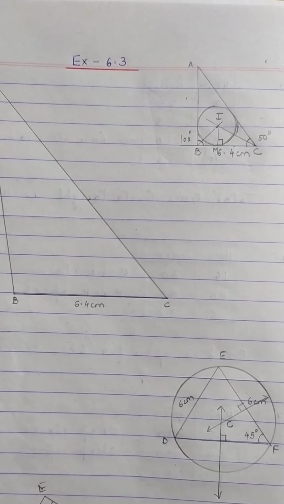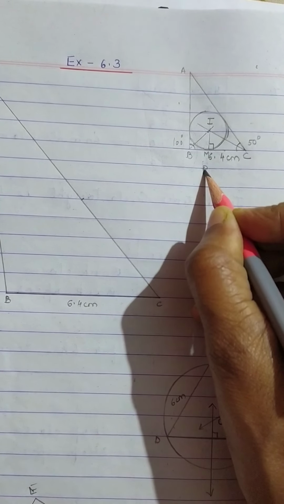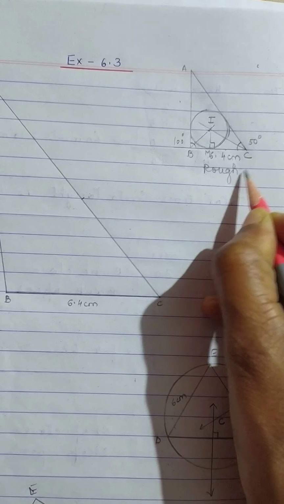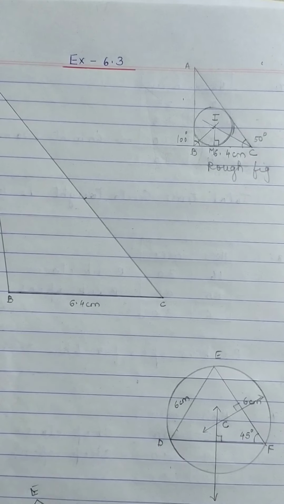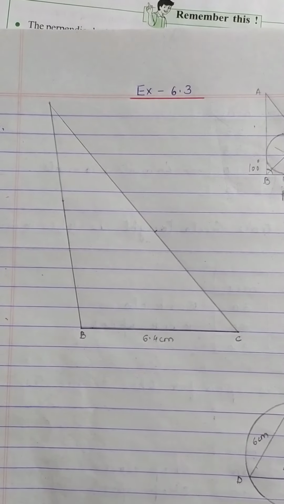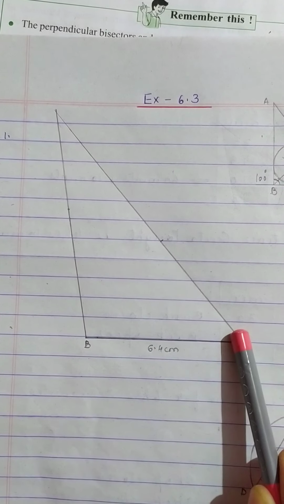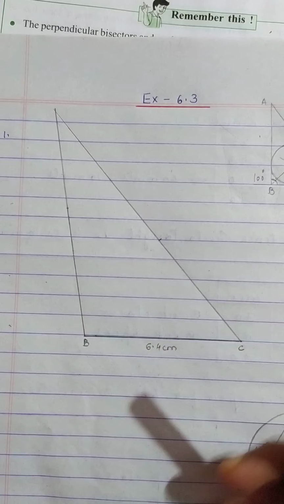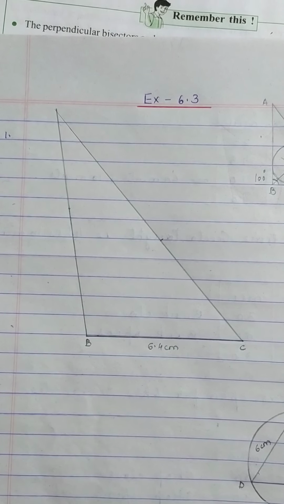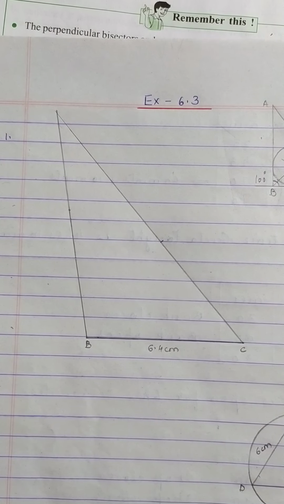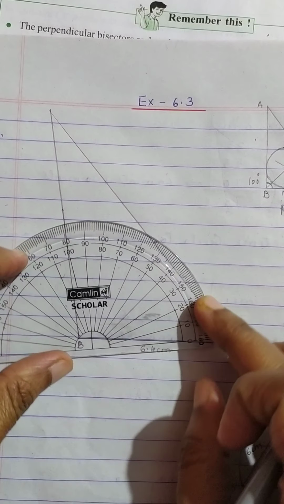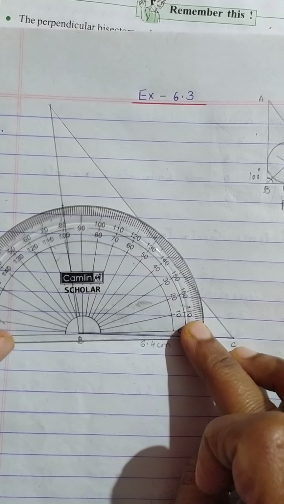Okay, now to draw the original figure, see, this is your rough figure. Now to draw the original figure, first thing you have to draw a line which is 6.4 centimeter in length. Now angle B is supposed to be 100 degrees. So using a protractor, I have already done this. I'll just show you how I did it.